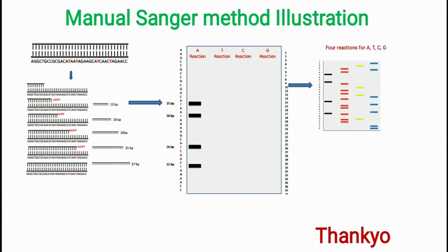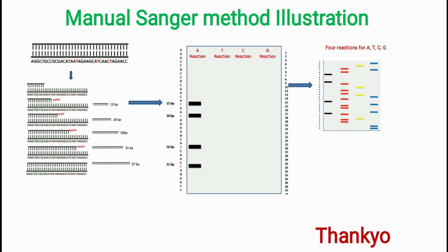So likewise for 4 reactions: the second reaction tube detects the position of T, lane 3 will show the position of C, and lane 4 will show the position of G. So if we run all 4 reactions in the gel, we can see the respective positions of the nucleotides.